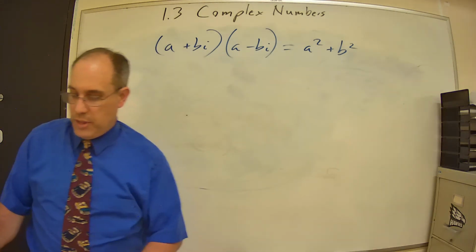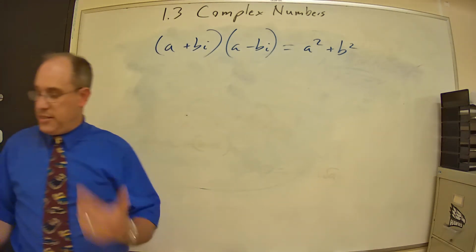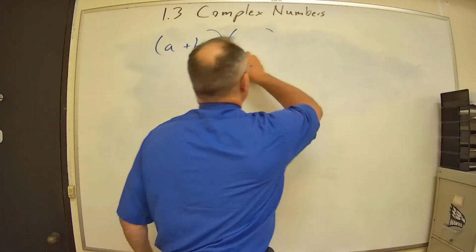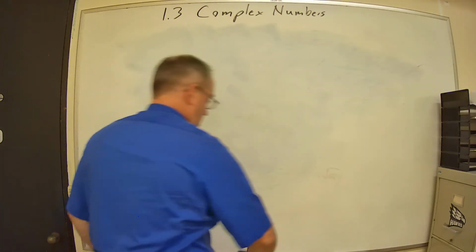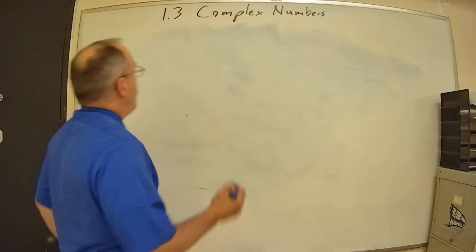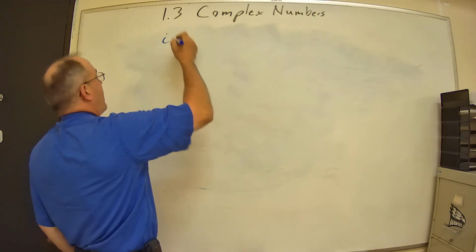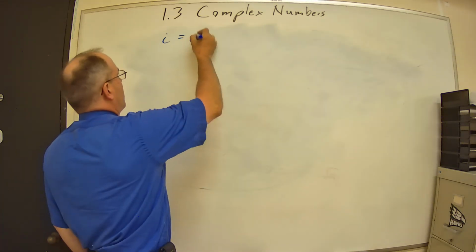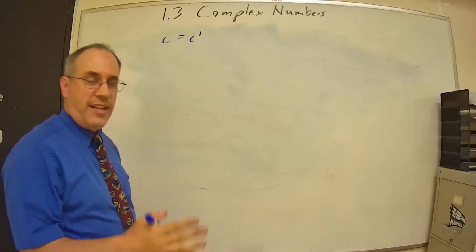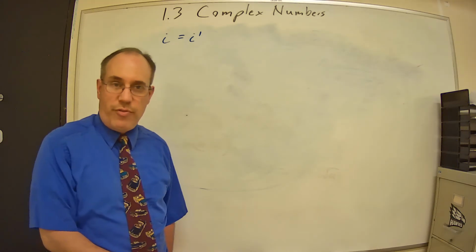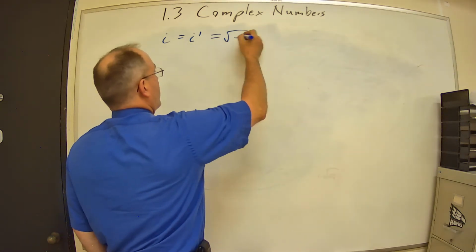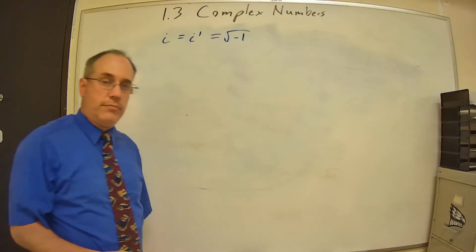Okay? So last thing I want to cover is simplifying powers of i. Well, if we think about what i is, i is equal to i to the 1, isn't it, right? Anything to the 1 power is itself, which we said was equal to the square root of -1.